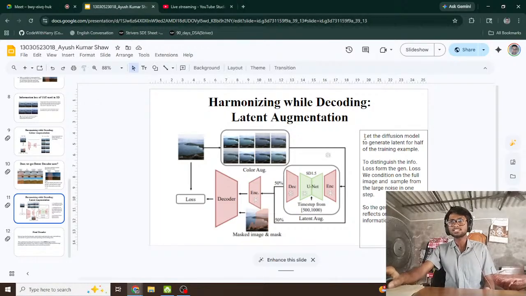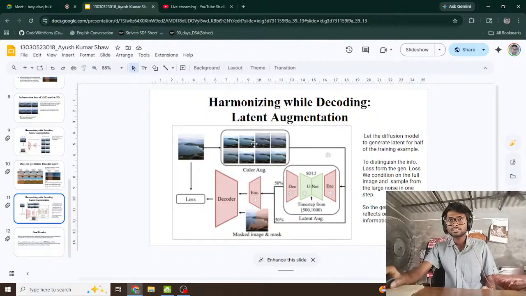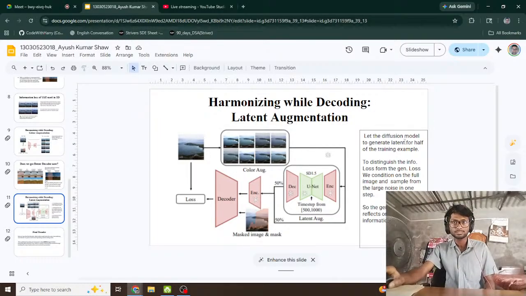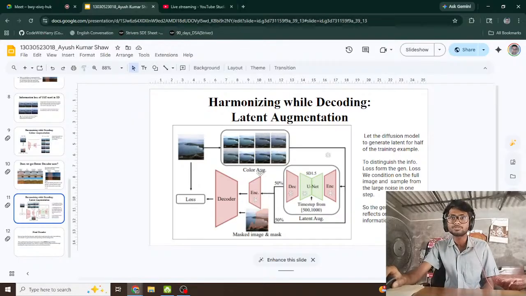They feed 50% of the augmented images to the diffusion model, and pass the other 50% simply to the decoder. The other process is the same, that is we provide the actual image with the unmasked region.